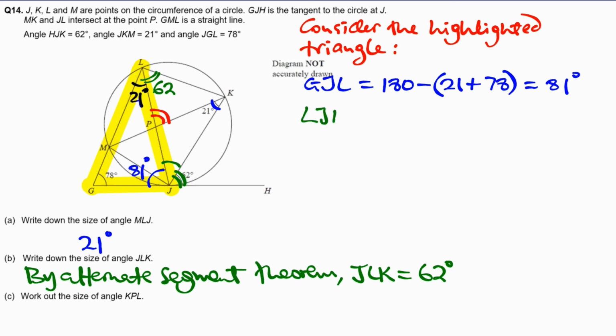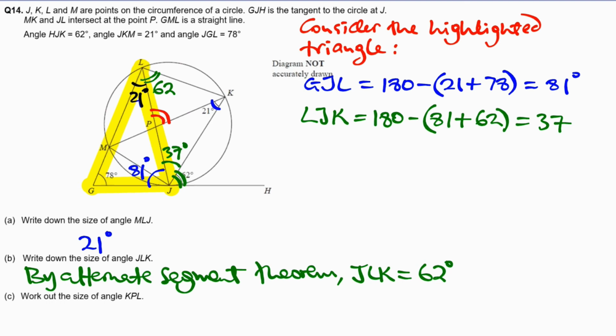So LJK, because these are angles on a straight line, 81 and 62 and LJK. So LJK will be equal to 180 minus 81 plus 62, which will be equal to 37. So this angle here will be 37.